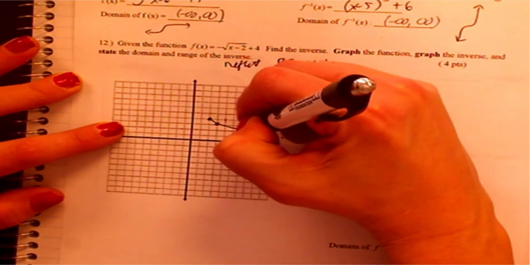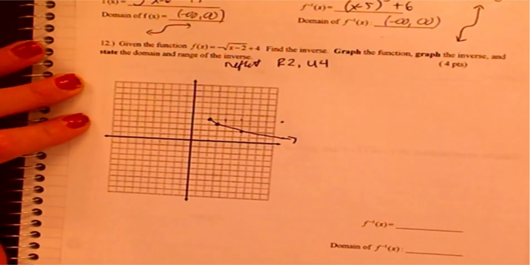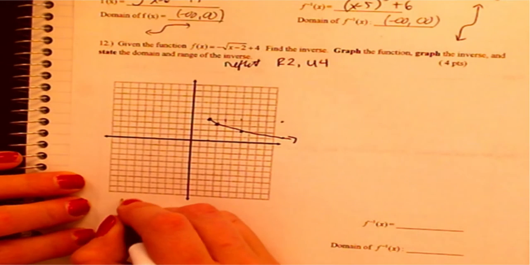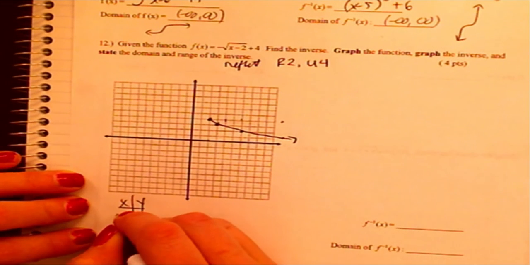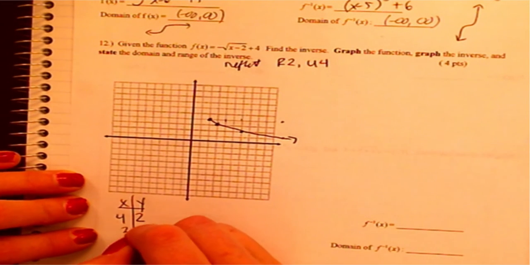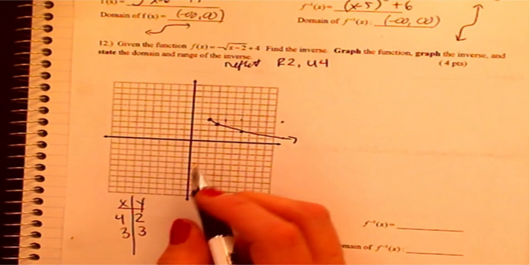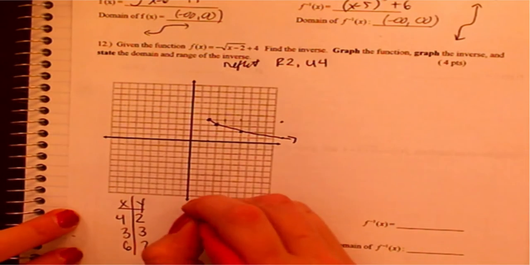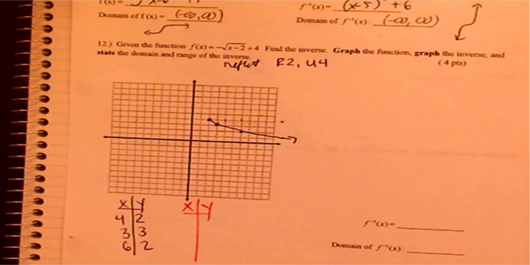Here's my parent. Now, I could do this graphically and I could switch. 4, 2, 3, 3, 6, 2. I could do my inverse graphically, right?